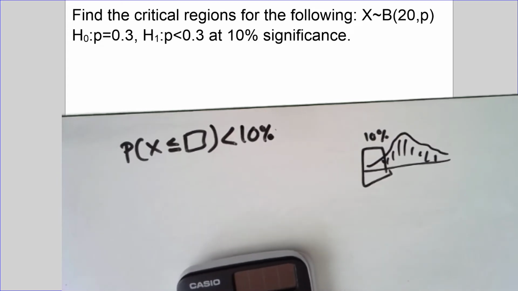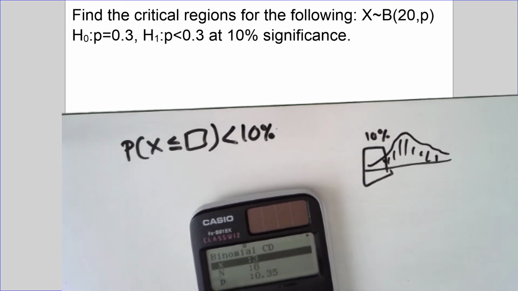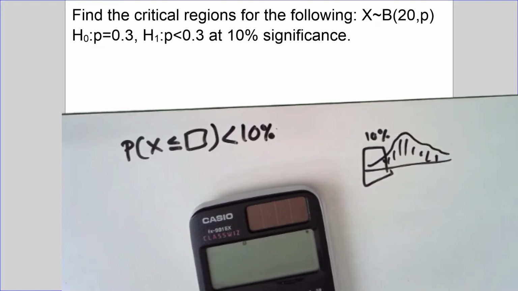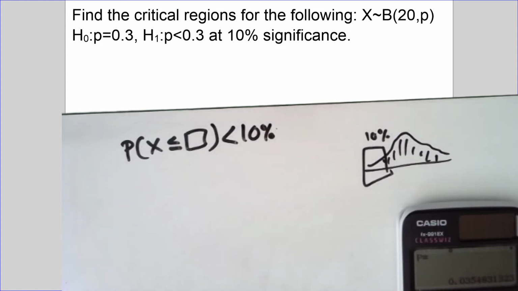So we're going to be using binomial 20, 0.3, because that's what's in H0. So if I put, let's say 5, we start off with 20, 0.3, key this in. This is already 40%, this is way too big. Let's start maybe with 2. 3%. So let's start making a note of these because we're going to use these.